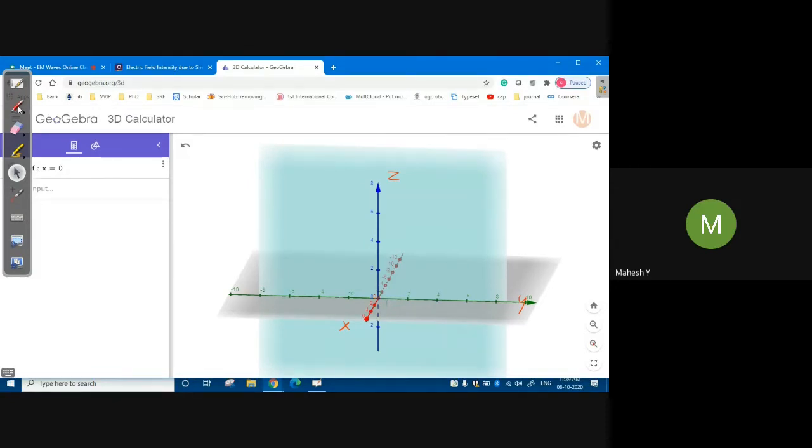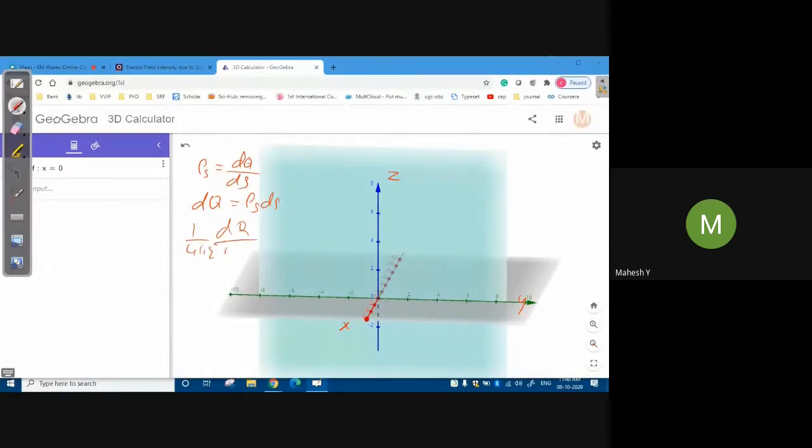We discussed rho s, right? What was rho s? Rho s was dq by ds. So if I want to get dq, I have to do rho s ds, right? So I have to calculate the entire area and substitute that in the expression 1 by 4 pi epsilon 0 dq by r square a r cap.